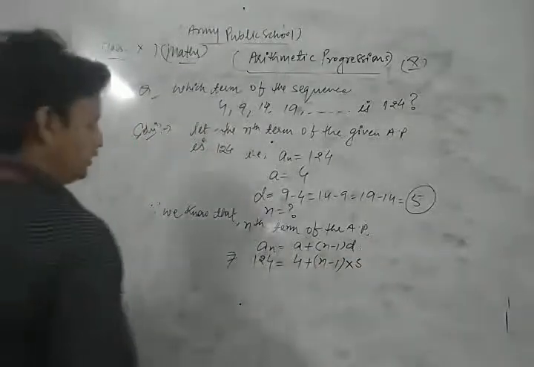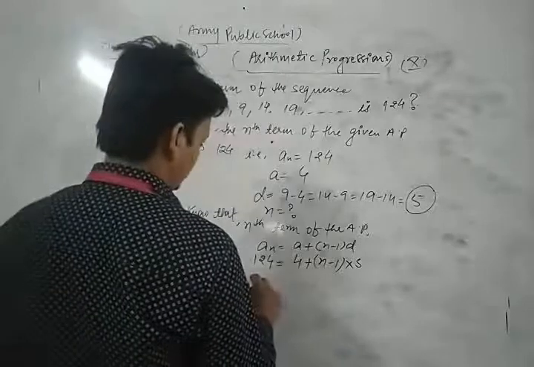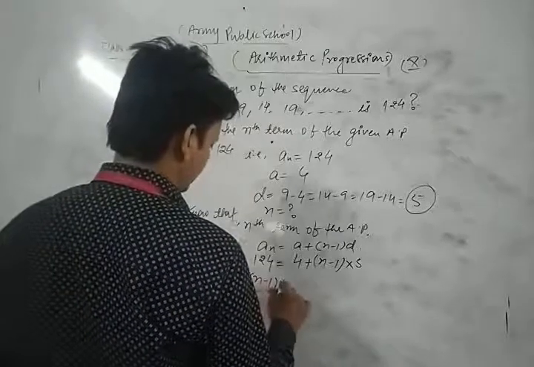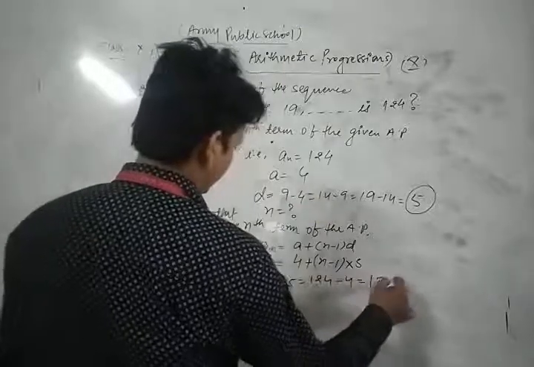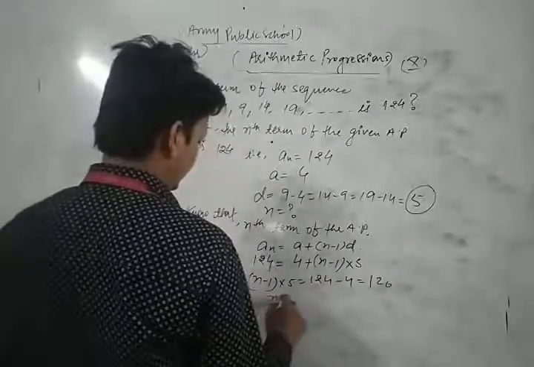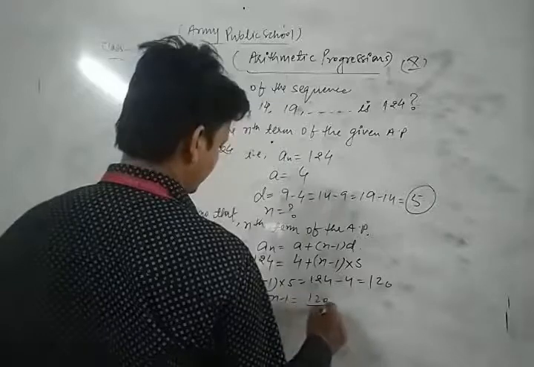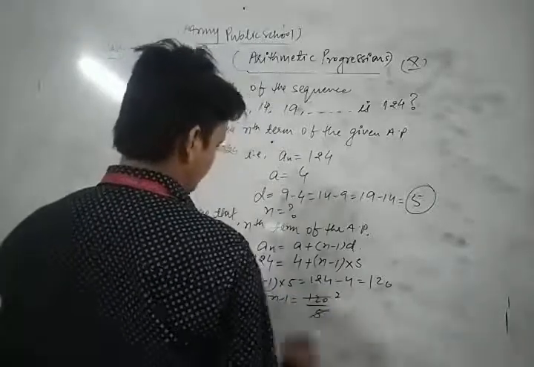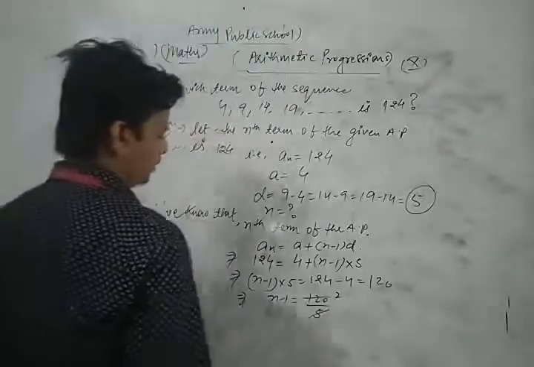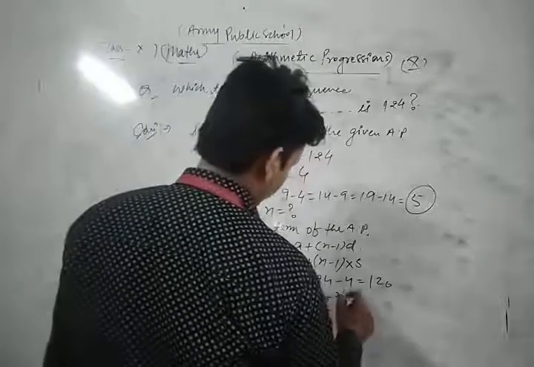So n minus 1 into 5 is equal to 124 minus 4, so we get 120. So the value of n minus 1 is equal to 120 upon 5, which is 24.